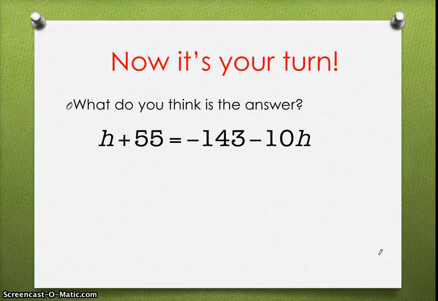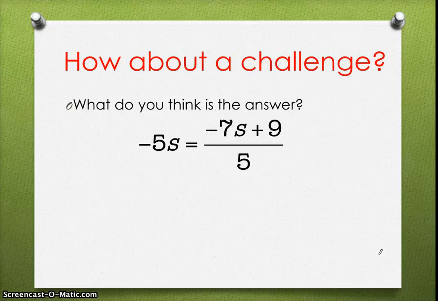Once you're finished with this problem, I would like you to take a challenge and see if you can solve this problem where I throw in a fraction form. Now this looks a lot more complicated, but really isn't, because now we're working with multi-step equations. Apply what you have learned so far and see if you come up with an answer. Good luck!